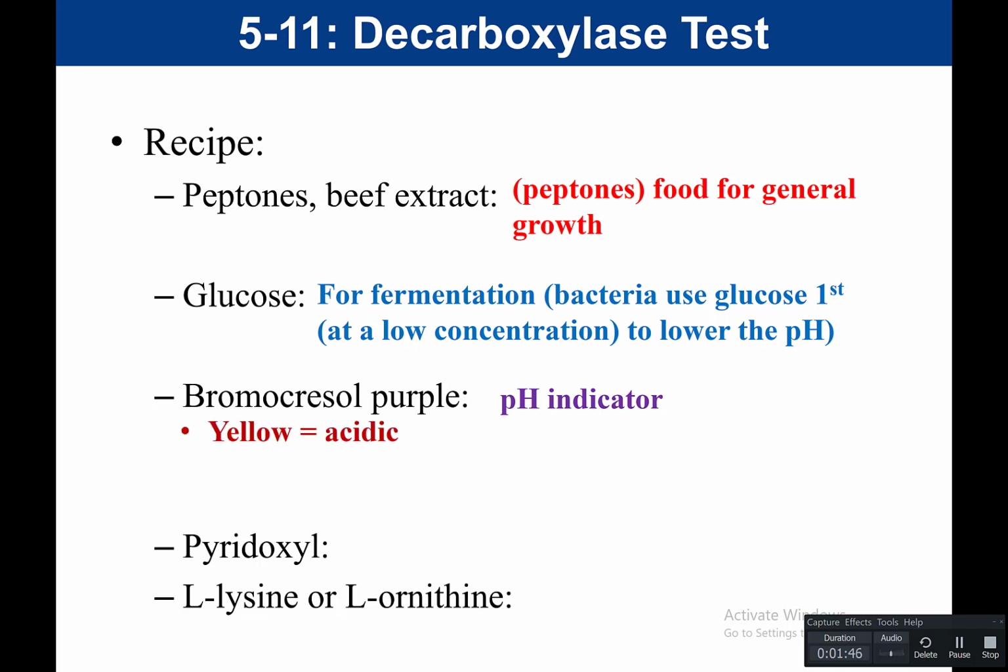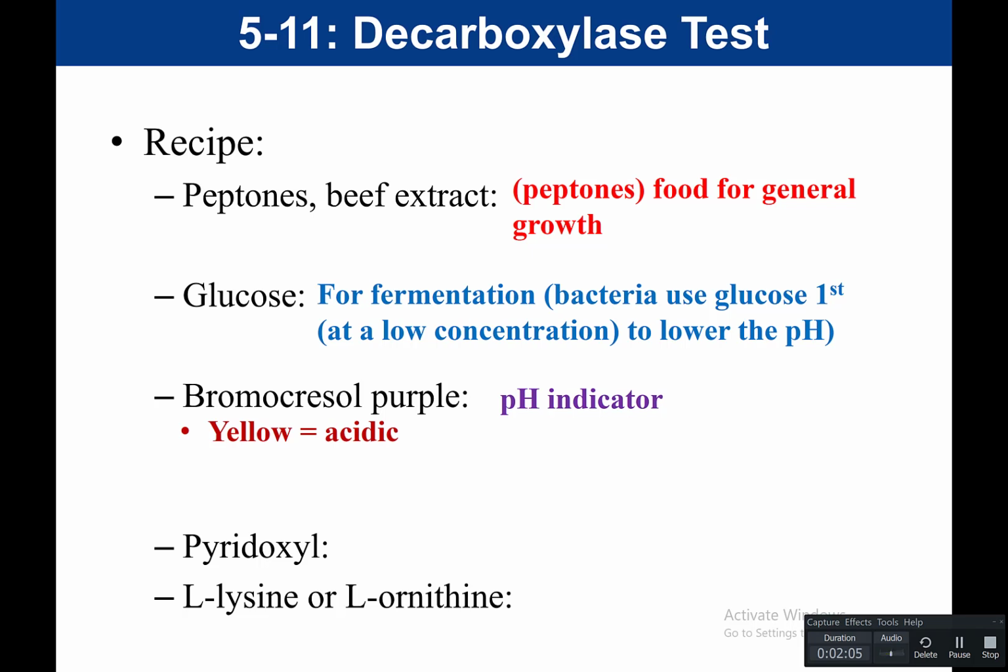Answer is yellow is acidic, right? Because I said for every pH indicator that we use, except methyl red, everything else, yellow is acidic. That's true for bromocresol purple. That is true for bromothymol blue. That is true for phenol red.